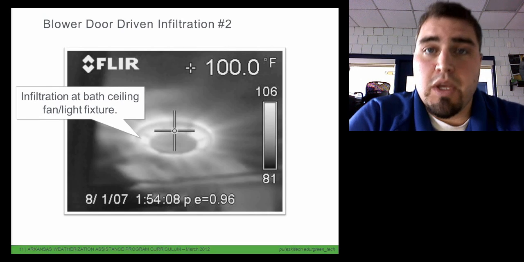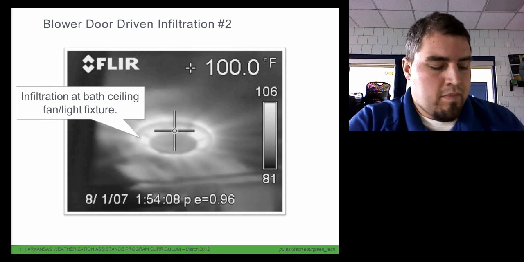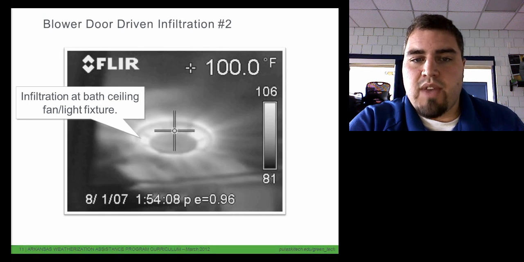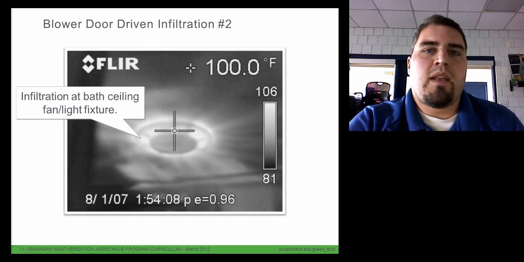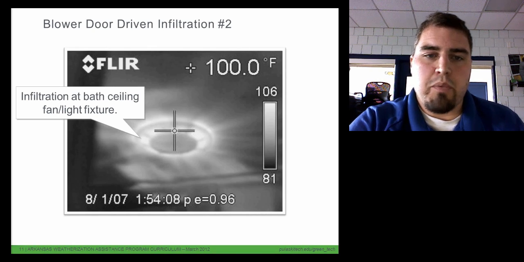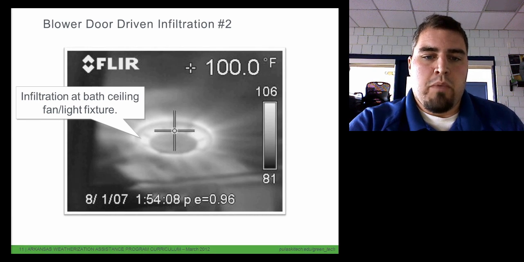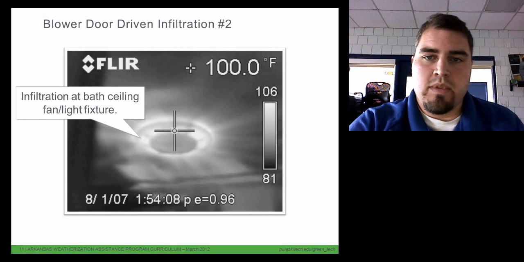This could very likely be outside air for us. But this is attic air coming in through this fan because the fan's not properly sealed. It's not a damper issue with the fan. It's not a failed damper. It's a failed install. But this is a pretty easy fix, air sealing the fan.